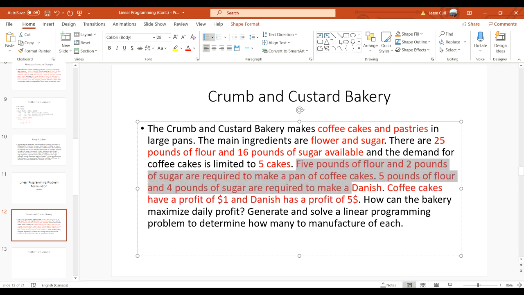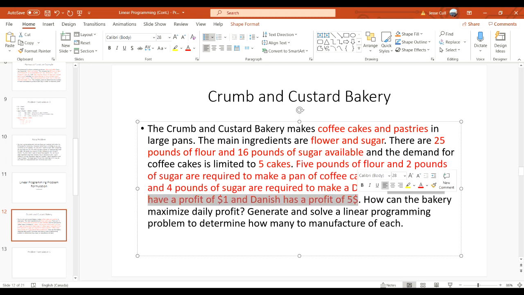These are almost identical. We see here that both require 5 pounds of flour, and Danishes do require a little more sugar, but we see here that they're significantly higher in terms of profit.